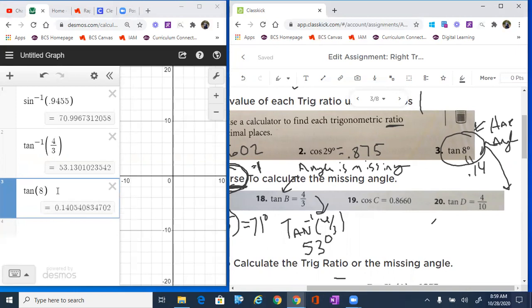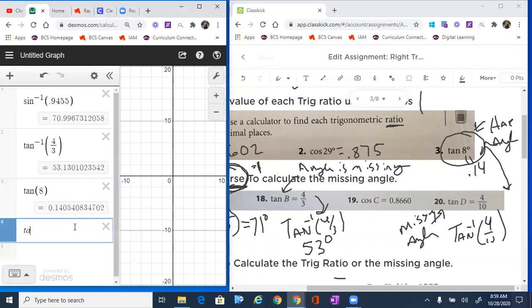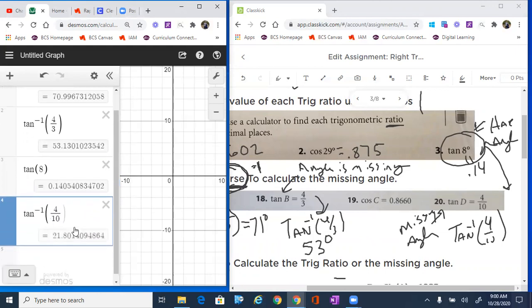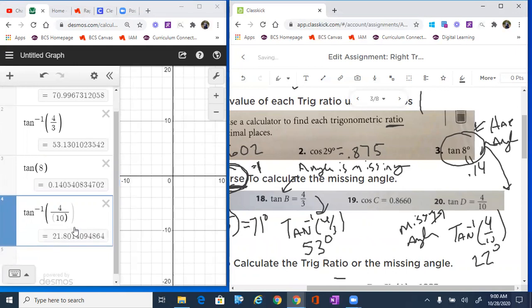But because I do not have the angle in there, missing angle, I have to bring in the inverse and make the inverse statement. So tangent inverse with 4/10 in that fraction, and that gives me about 22 degrees. So that's how you do both of those problems.